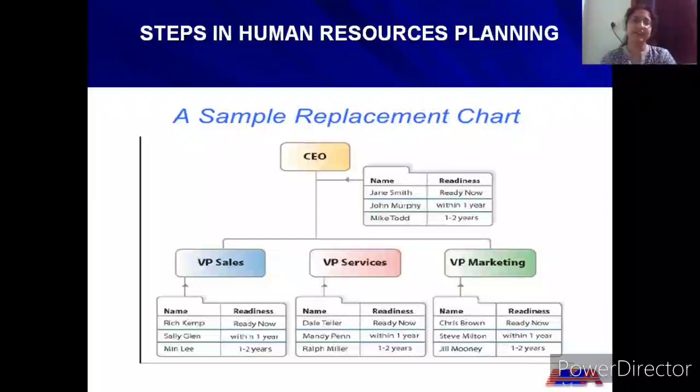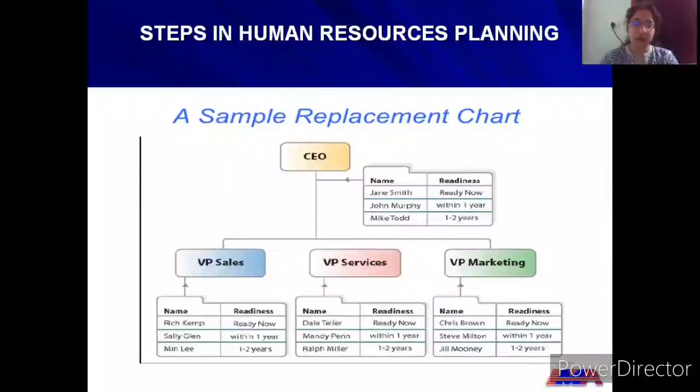Let us take, for example, that in order to serve in the position of a CEO, a person should have worked for at least 10 years in that company. Now, this person, Jane Smith, has served almost 15 years in the company. So she is ready to occupy the position once it comes up vacant. Now, John Murphy has worked for just 9 years in the company.